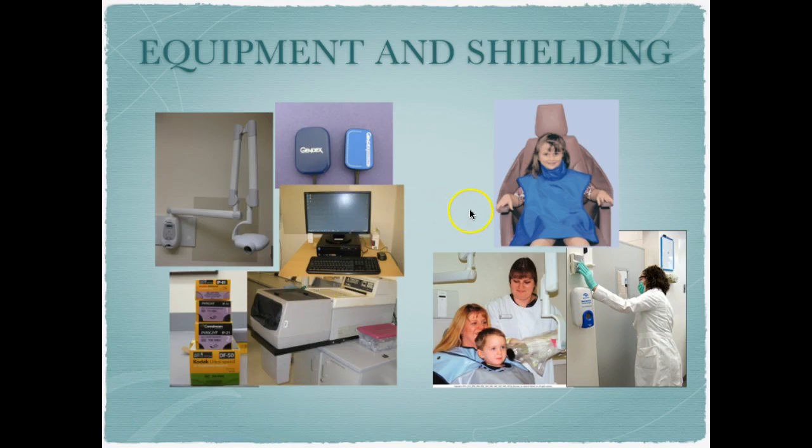Shielding is very important for our patient protection and we as the operator. So we are required in most states for the patient to wear a lead or lead equivalent apron to protect them from radiation. Your apron should have a thyroid collar because the thyroid is very sensitive to radiation.